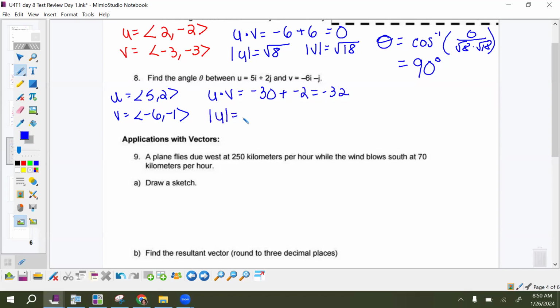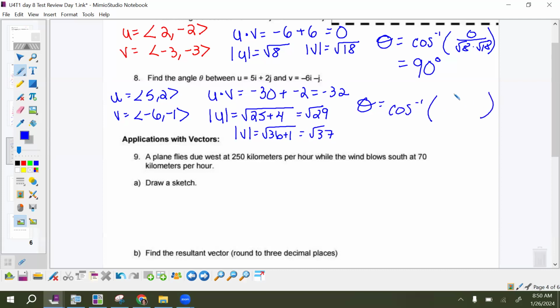Now I need the magnitude. 5 squared plus 2 squared. Magnitude of V. 6 squared plus 1 squared. All right, so our angle between is cosine inverse. Dot product divided by magnitude.